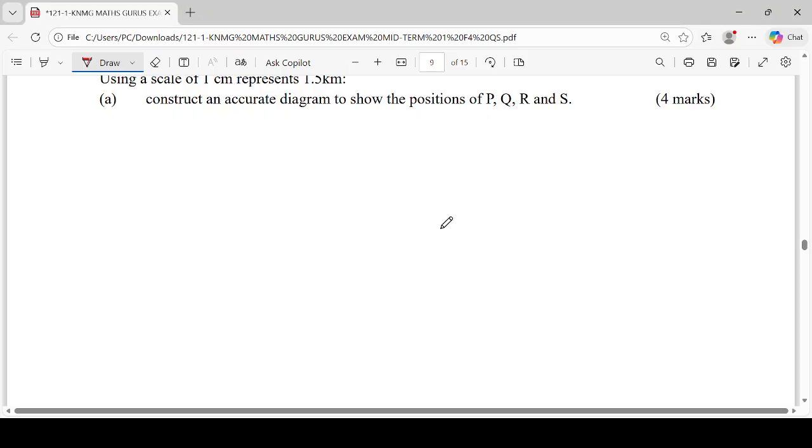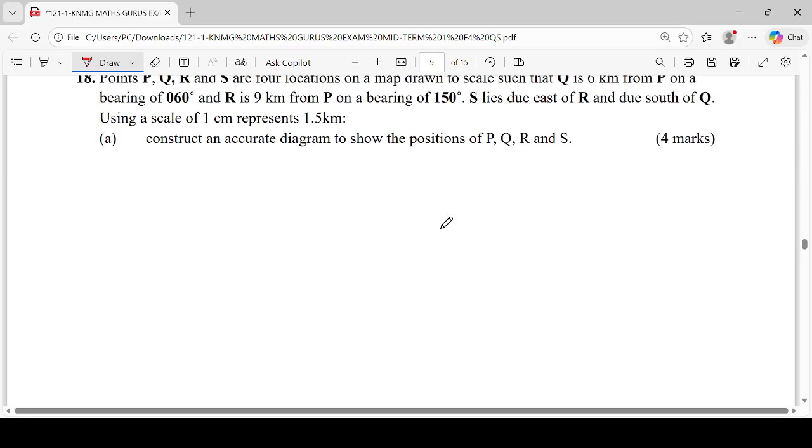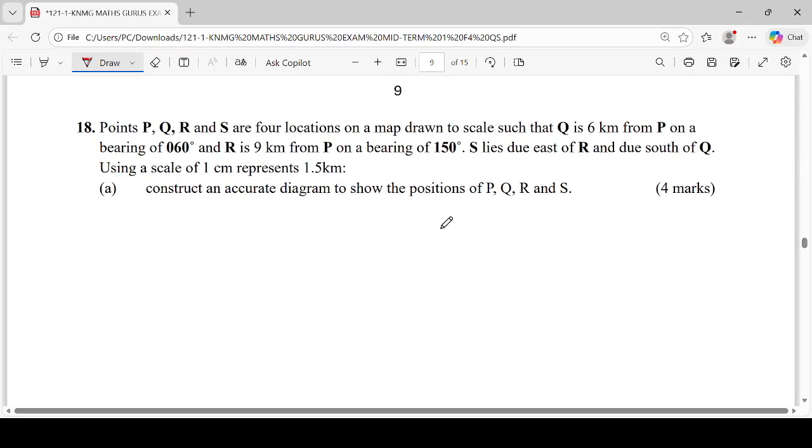So before we construct it, we are going to start reading it from the top as we are constructing one by one. They are saying that Q is 6 kilometers from P on a bearing of 60 degrees. It means I have town P here. I want you to follow this keenly because questions on bearing tend to come often in exams.